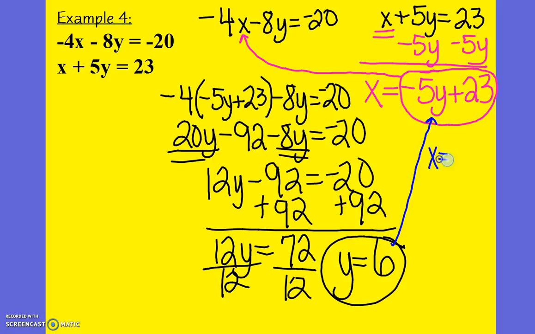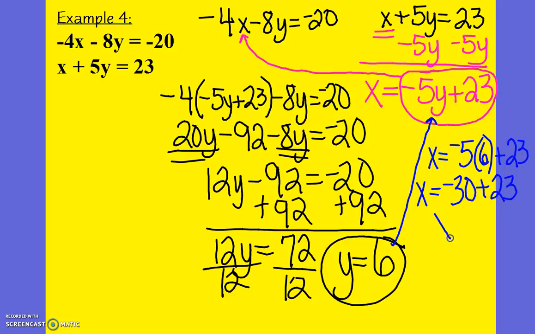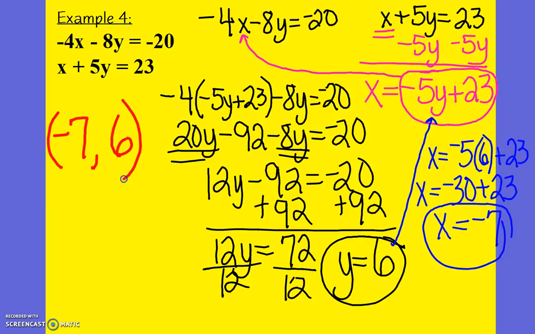So x equals negative 5 times 6 plus 23. So x equals negative 30 plus 23. X equals negative 7. Therefore, your solution set, your solution for this system, put your x first, will be negative 7 and 6.